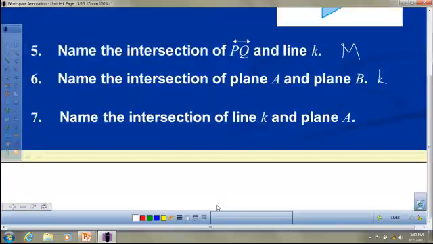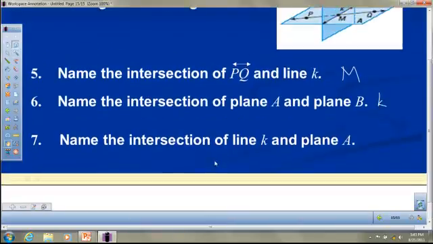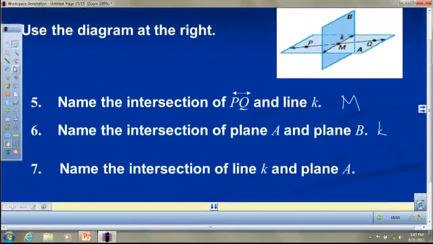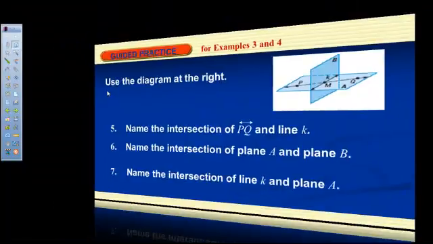And the intersection of line K and plane A. So let's take a look at that. We've got line K, which is here, and we've got plane A. Well, the line is laying in the plane, so we can say line K is our answer.